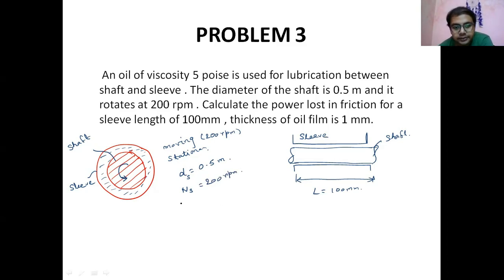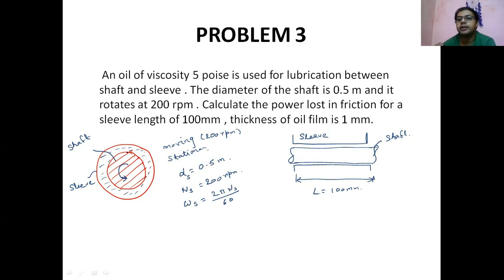So what is omega? The shaft angular velocity is 2 pi Ns by 60. So what is the linear velocity of the shaft at the circumference?